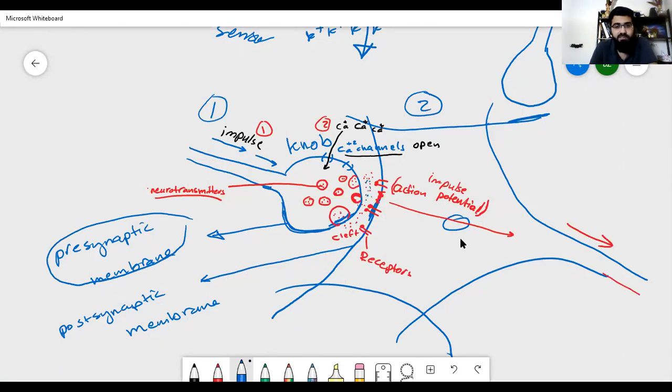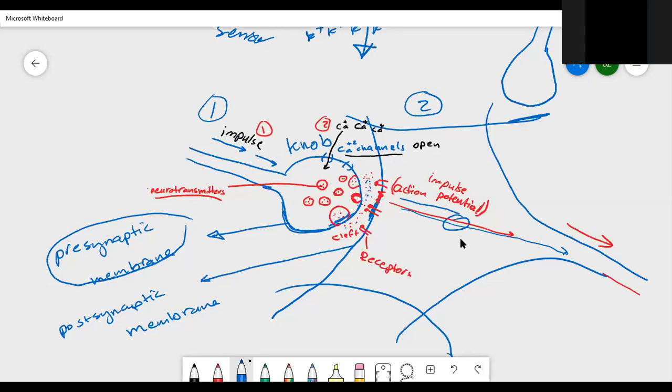The neurotransmitters attach to the receptors on the postsynaptic membrane of the next neuron. This binding leads to an action potential in the next neuron, which moves forward toward the terminals of the next neuron and so on.